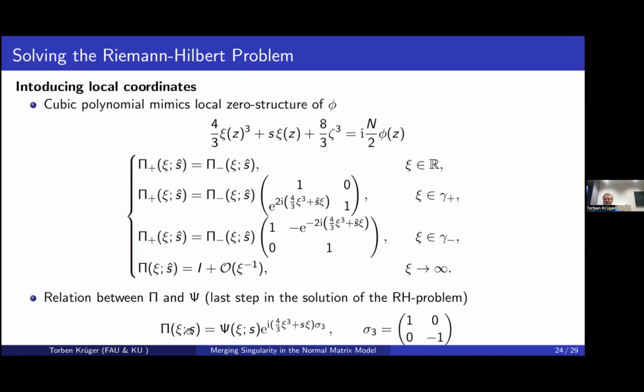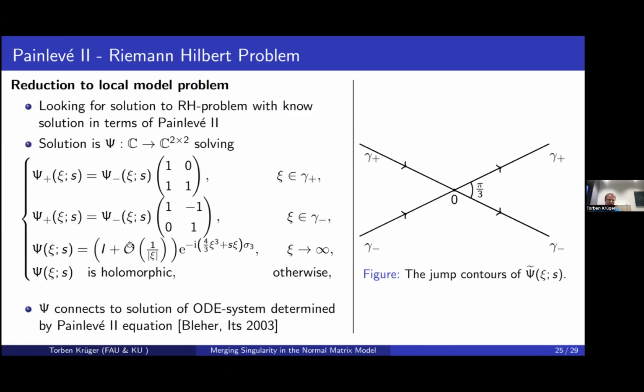Yeah, so this is how the psi comes in. Okay. So I will not really go into details on that, I think. So this is called the Painleve II Riemann-Hilbert problem, and there's an explicit solution in terms of this ODE that I introduced earlier. And then the whole thing has to be patched together.